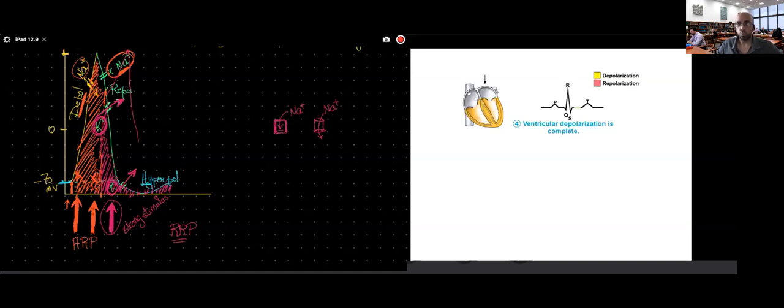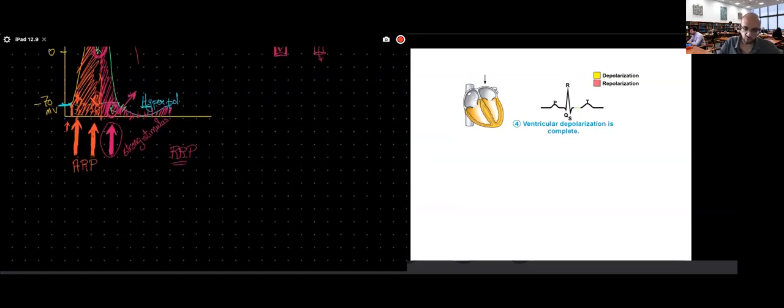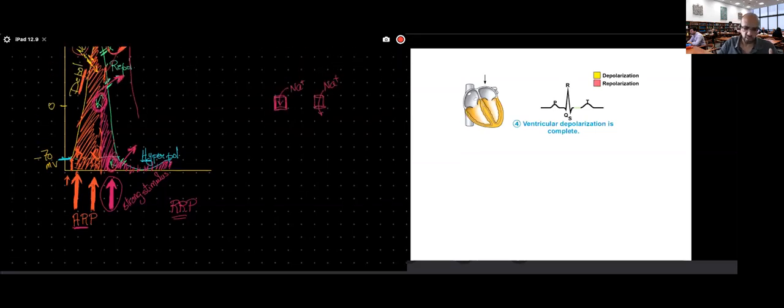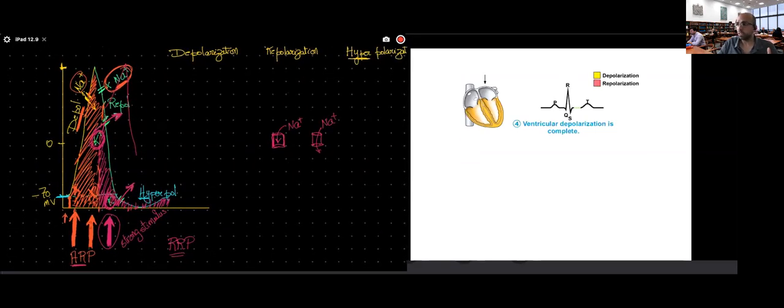So again, what is absolute refractory period? It means the period of time during which the nerve or excitable cell will not respond. And in the case of the nerve, it will not be responding during depolarization and early repolarization.